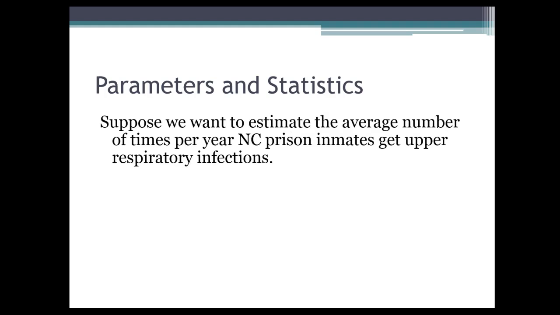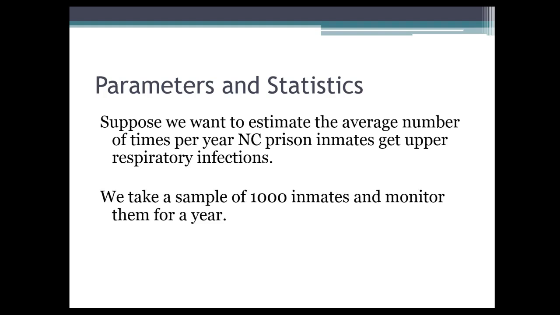So, for example, we talked about North Carolina prison inmates. Suppose we want to estimate the mean number of times per year they get upper respiratory infections. They tend to get a lot because prisons are drafty, and that's an area of concern for lawmakers and prison officials.